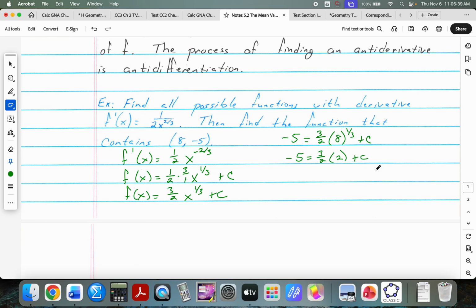And you're like, oh, thank goodness someone cooked this up so that it comes out nicely. So I get -5 is equal to 3 plus c. So c is equal to -8. So my function ends up being f of x is equal to 3/2 times x to the 1/3 minus 8.